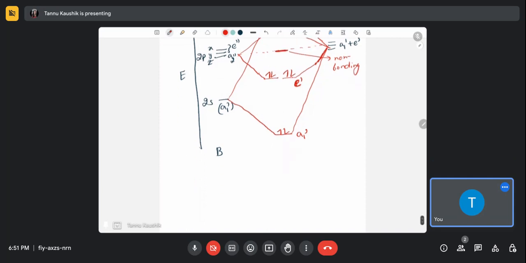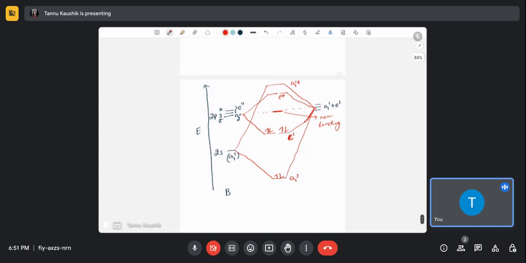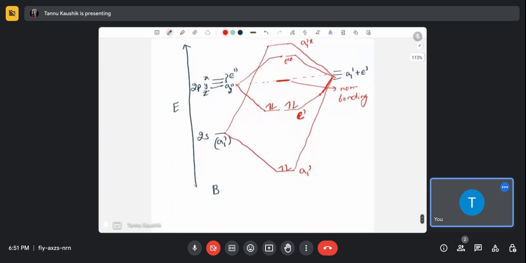So this is the molecular orbital diagram for BF3.